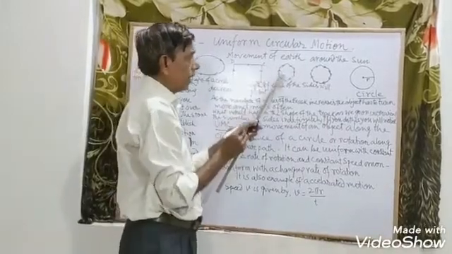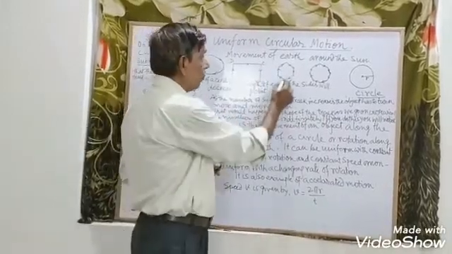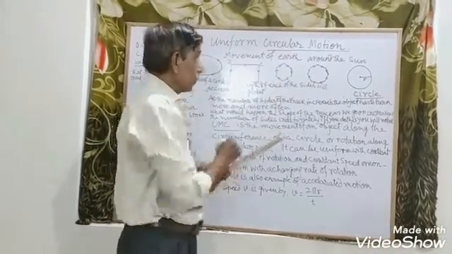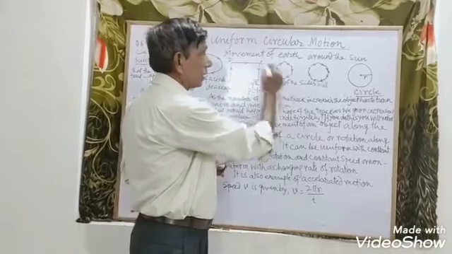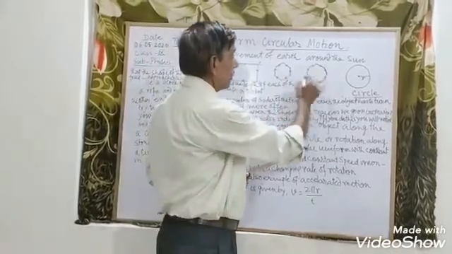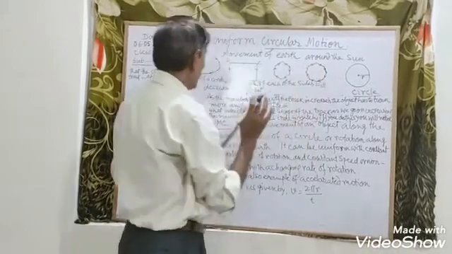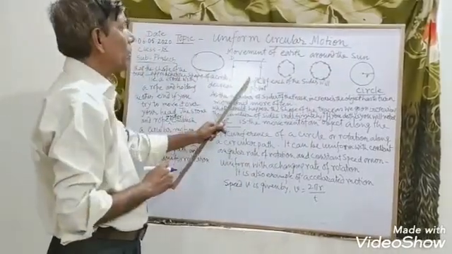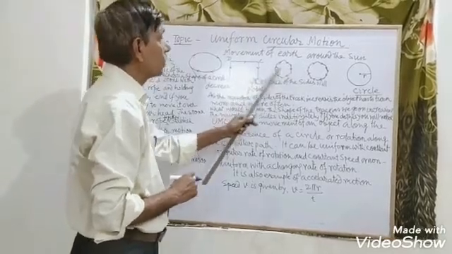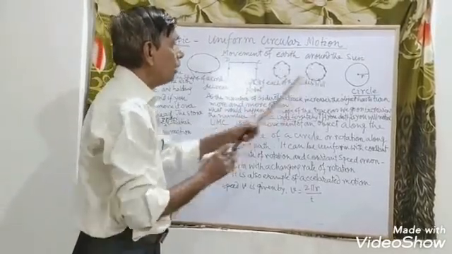But here the hexagon: turning points 1, 2, 3, 4, 5, 6. Hexagon, so turning points increase. Here it is an octagon, turning points increase. So as the number of sides of the track increases, 4, 6, 8, what will happen?